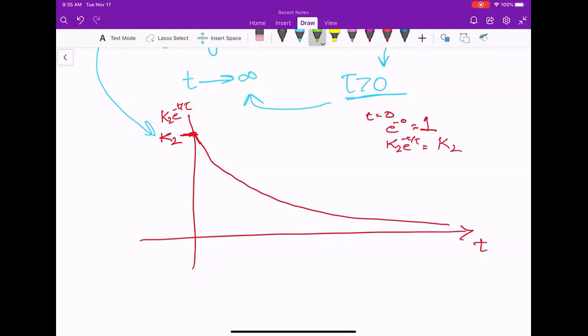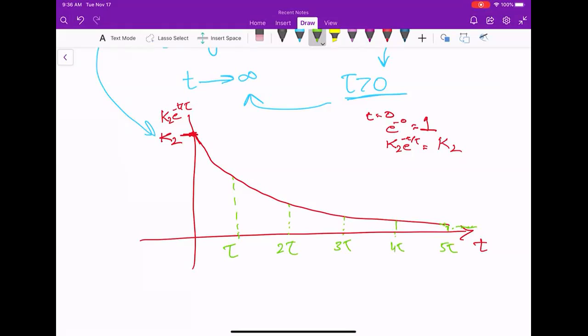So if we plot this, this is tau. This is 2 tau, this is 3 tau, 4 tau, and 5 tau. So what is 1 tau?